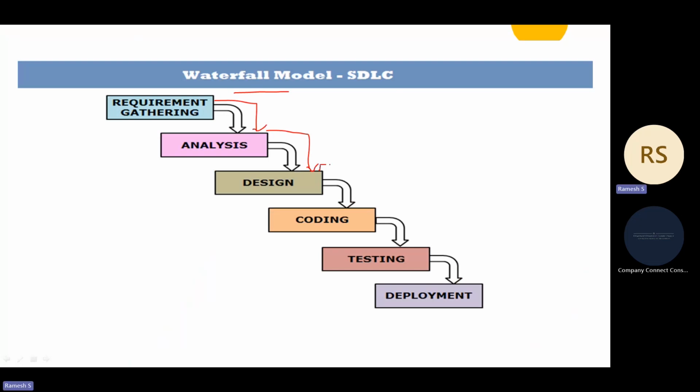Once the design is completed, the development or coding of that software will start. Once the coding is completed, the tester will perform the testing. And after successful completion of the testing, that application will be deployed or implemented in the production system.